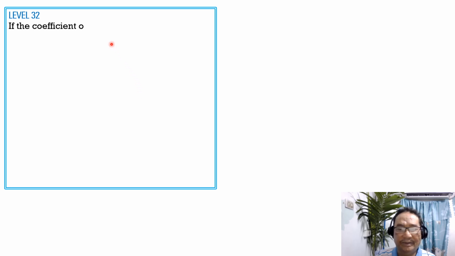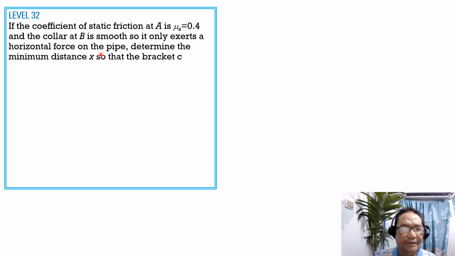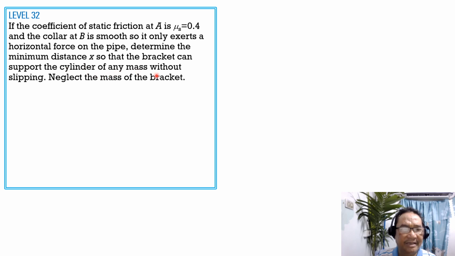Level 32, if the coefficient of static friction at A is mu sub s equals 0.4 and the collar at B is smooth so that it only exerts a horizontal force on the pipe, determine the minimum distance x so that the bracket can support the cylinder of any mass without slipping. Neglect the mass of the bracket.